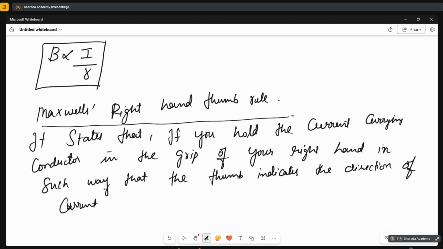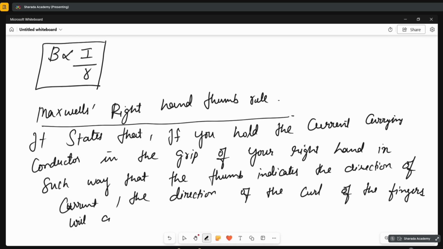This is important. Maxwell's right hand thumb rule.